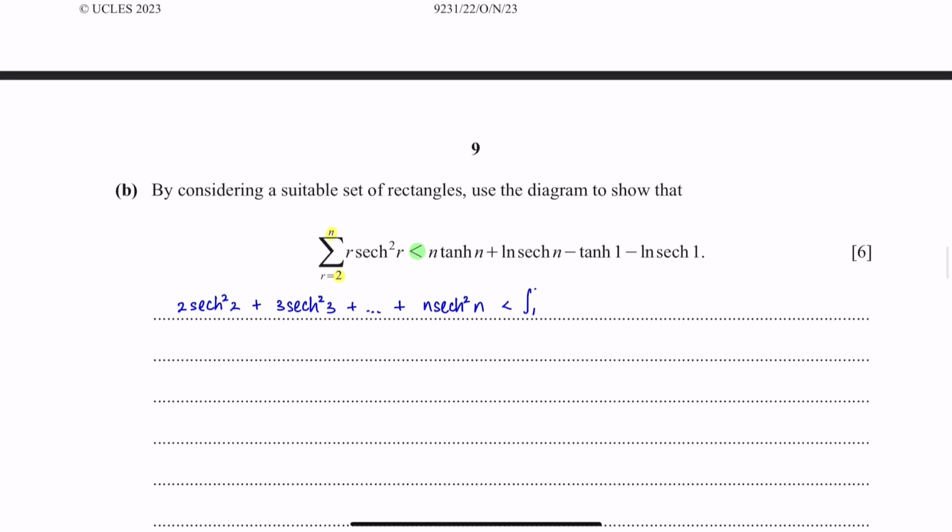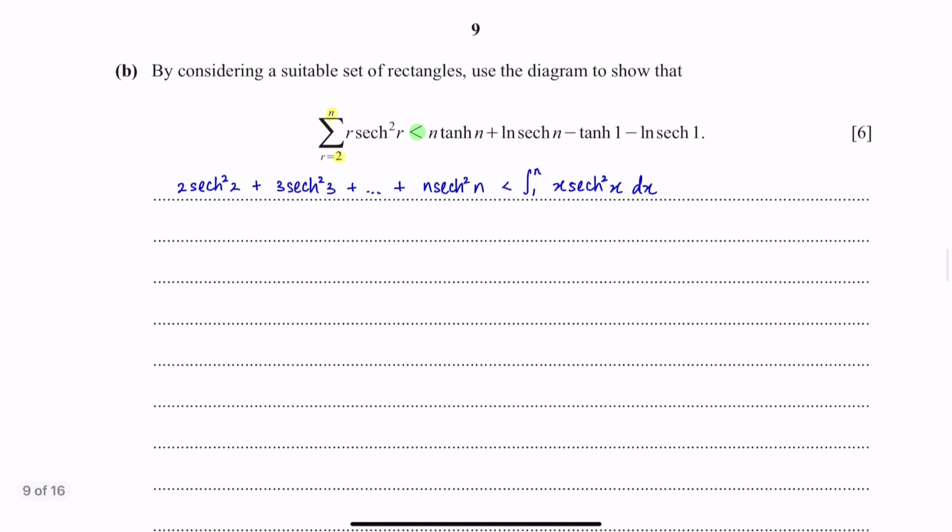So we need to integrate from 1 to n for this. And for the left hand side, we can just write it as the sum of r sec squared r, where r is starting from 2 all the way to n. This is less than, so we need to integrate this.